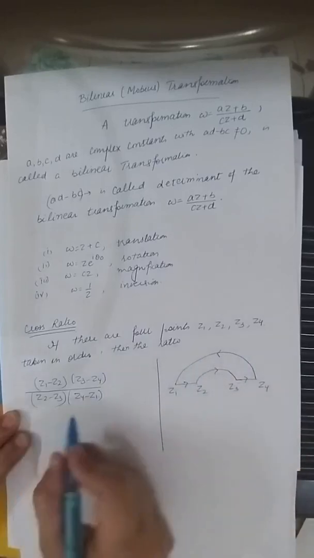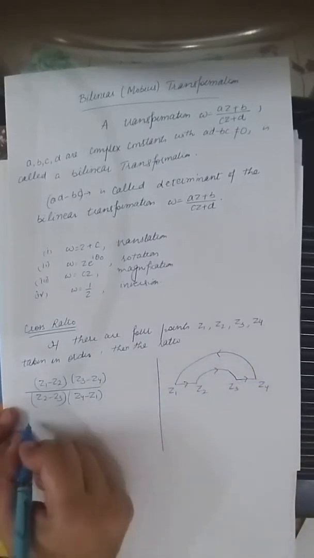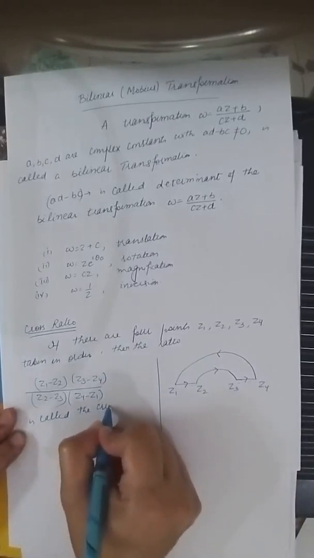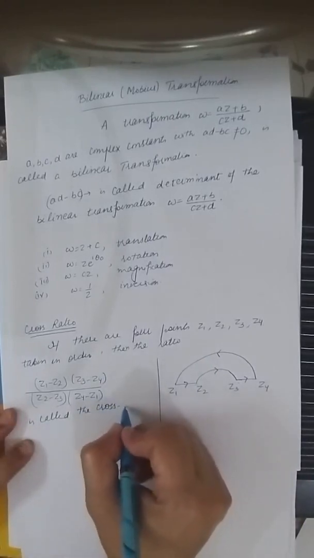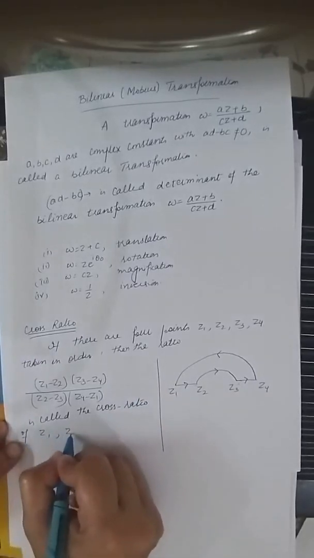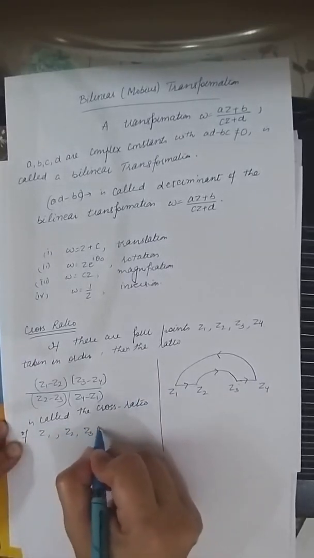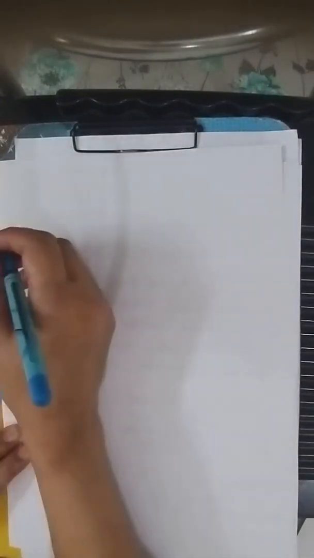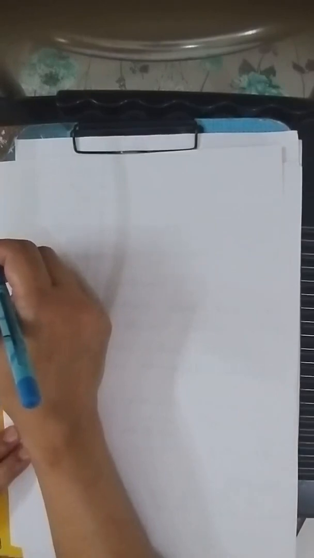This is called the cross ratio of Z1, Z2, Z3 and Z4. And the bilinear transformation preserves the cross ratio of 4 points.